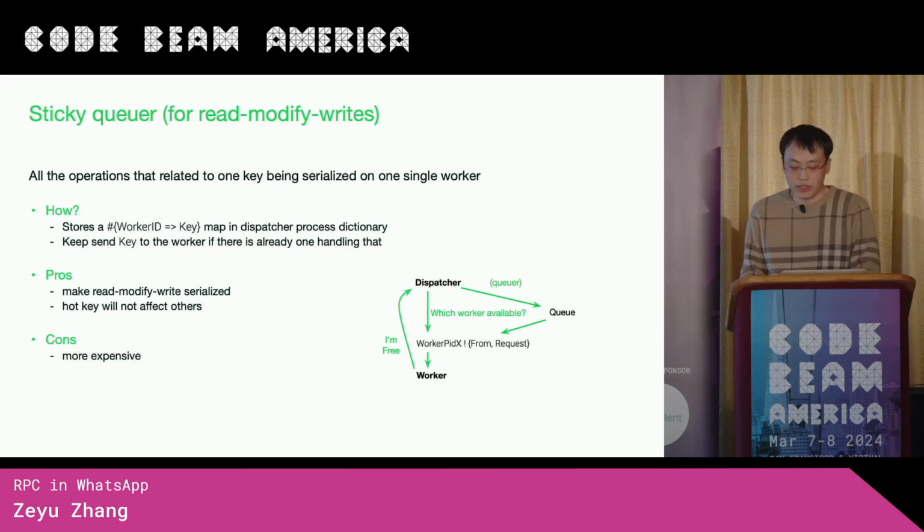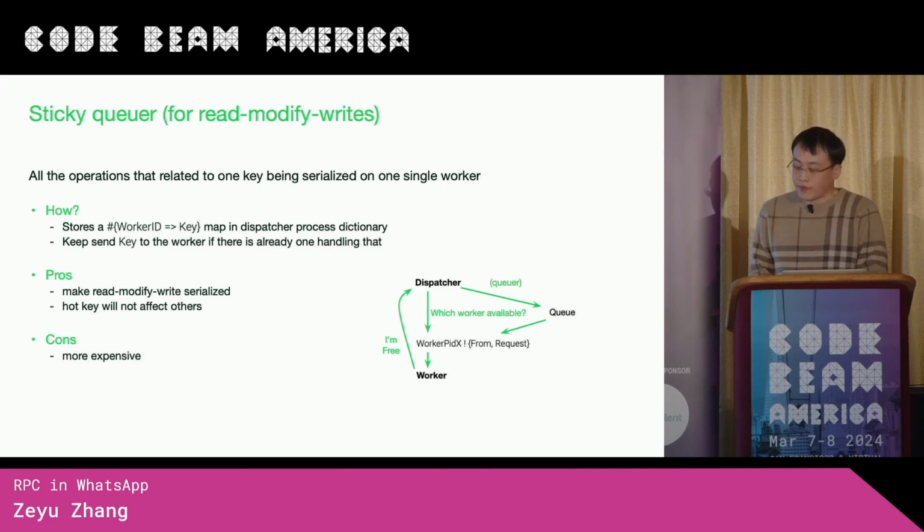This is achieved by using something similar to the queuer, but it stores a worker ID to key map in the dispatcher process dictionary. The dispatcher will keep sending a key to the worker if there is already one handling it, and of course expire a key mapping if the worker is no longer doing that.